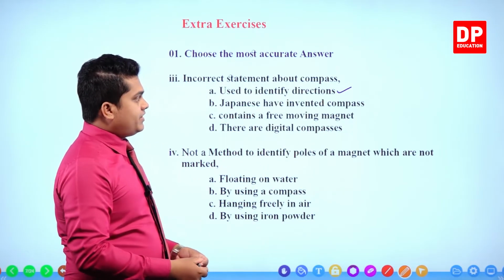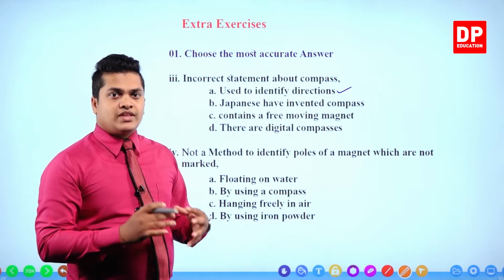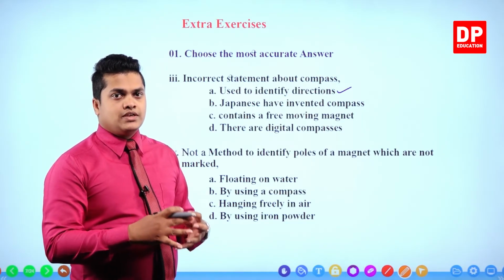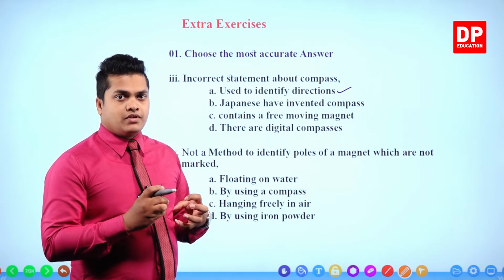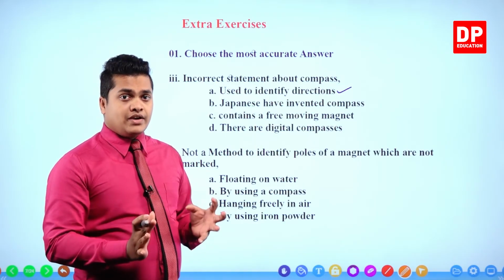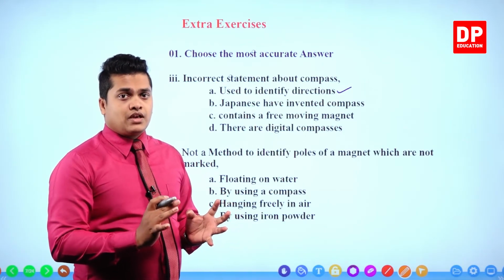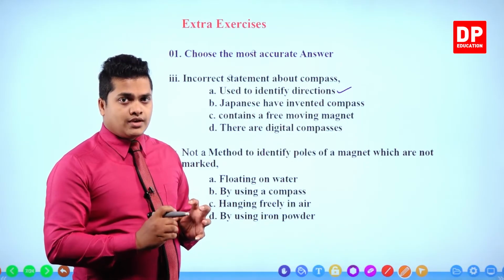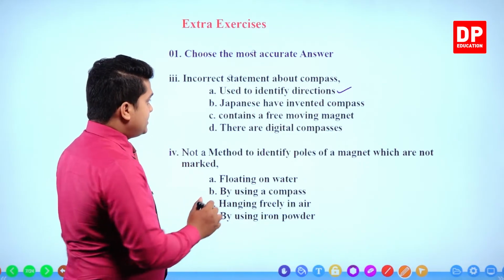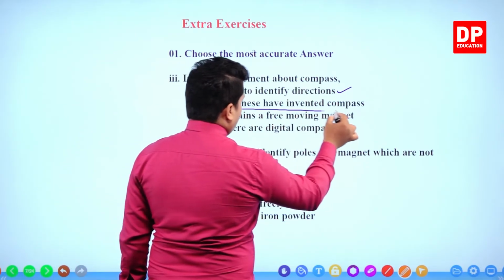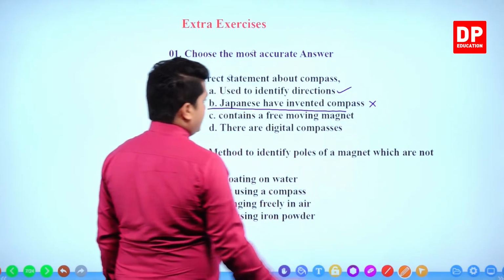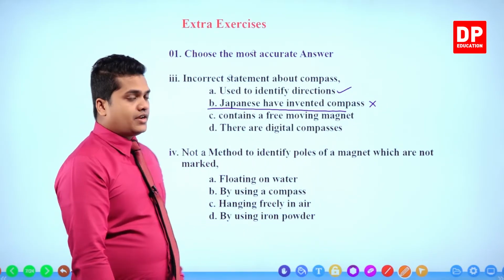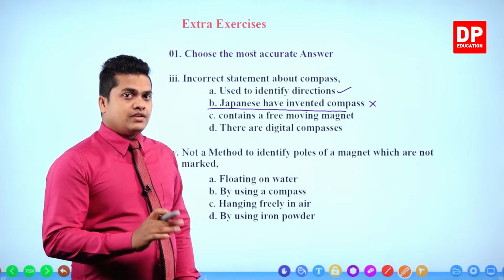Japanese have invented the compass. That part is incorrect, because it is not the Japanese but the Chinese people who found the compass. So this is the one which is incorrect. I have underlined the incorrect part, but we'll see the other responses as well.